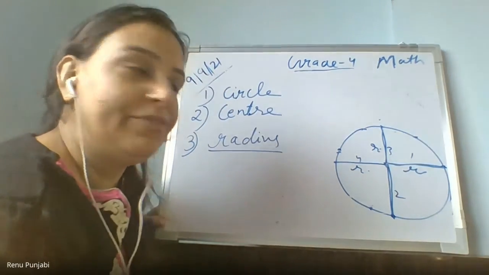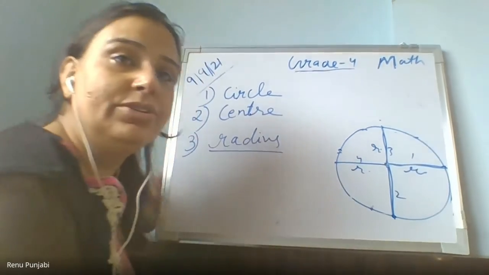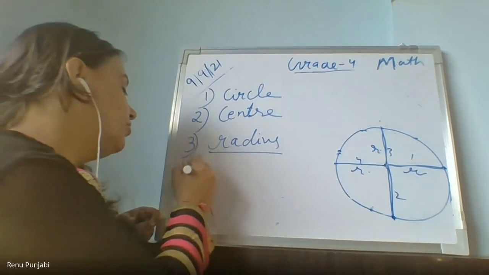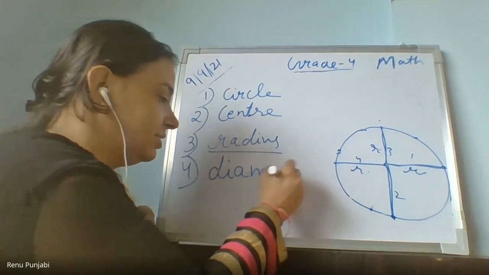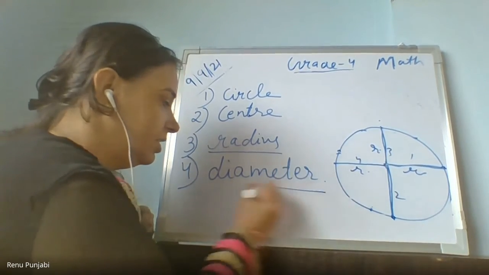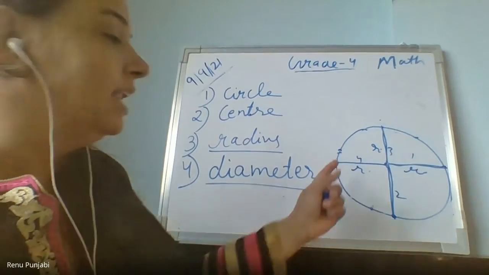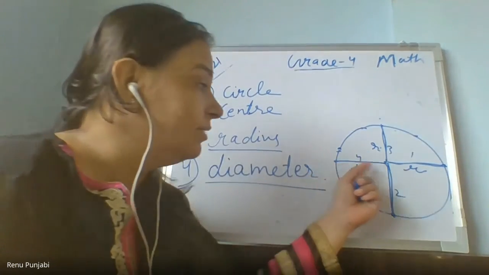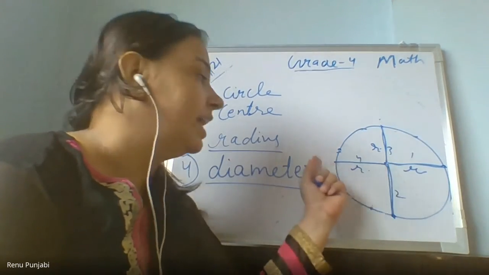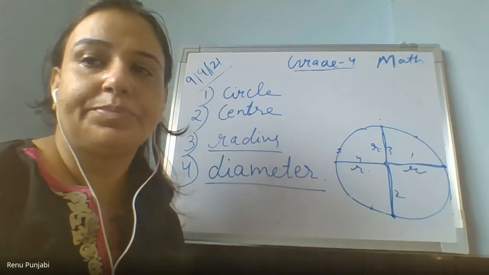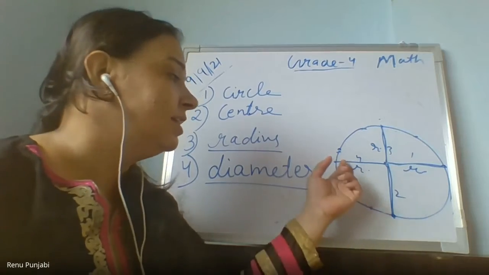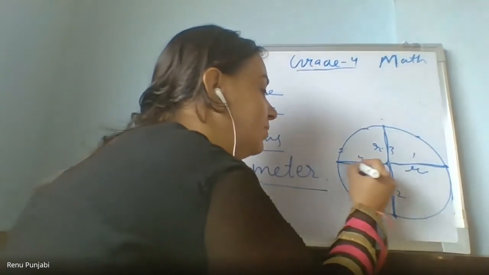Got it? What is the difference between this full and the half? The full length will be called the diameter. Diameter is a line segment passing through the center of the circle, touching the boundary of the circle. This complete line is the diameter of the circle.